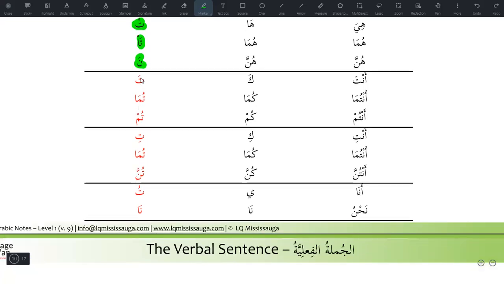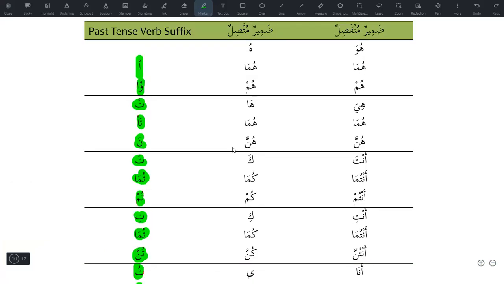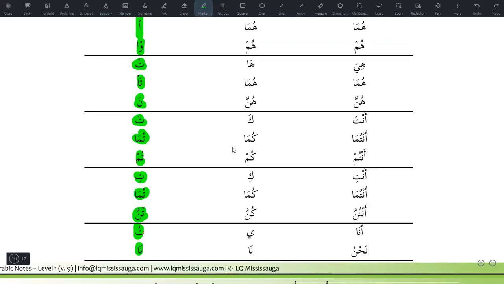And for the second person, for anta we use ta, for antum we use tum. For anti, we use ti, and for antunna, tunna. For ana, we use tu. For nahnu, we use na. These are the suffixes we use with the verb. We fix it at the end of the verb.